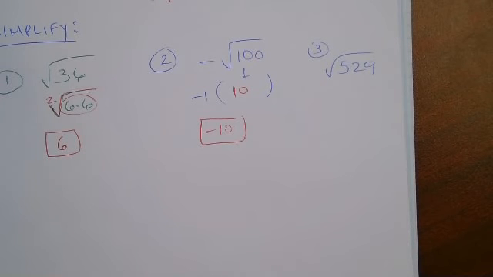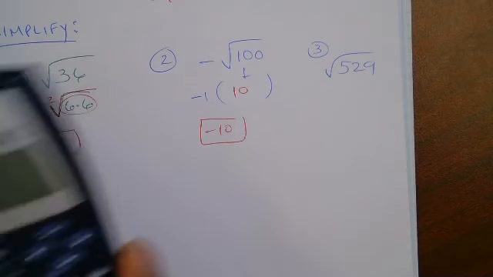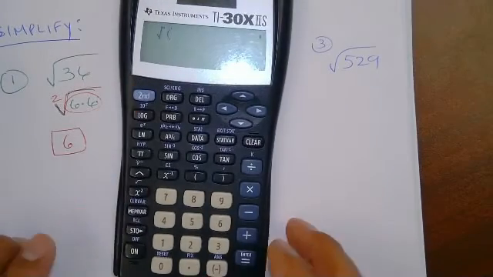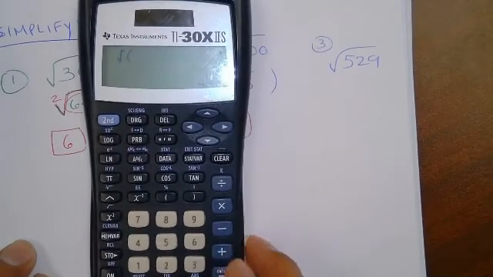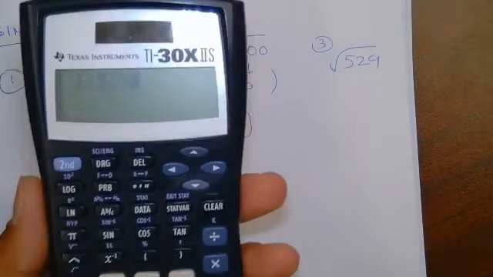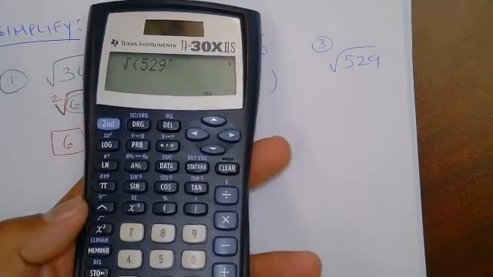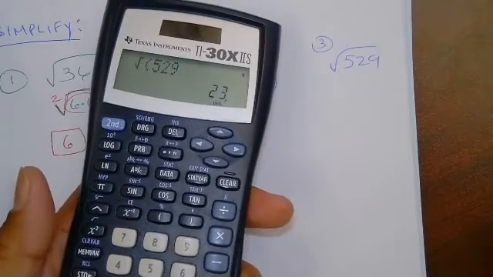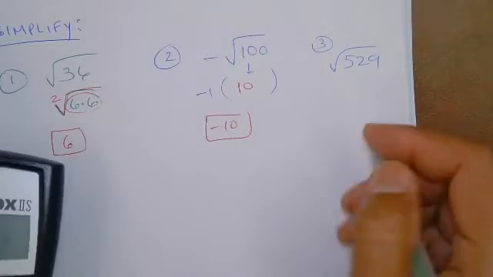Well, not off the top of your head. That's why we have calculators. Everybody know how to use your square root button? The square root of 529. Always check when you're given a number if it's a perfect square number. It might be. Well, this one is. The square root of 529 equals 23. It's a perfect square number, you just didn't know it.